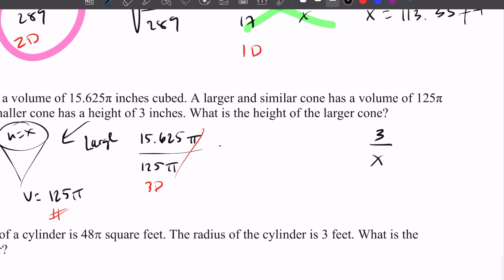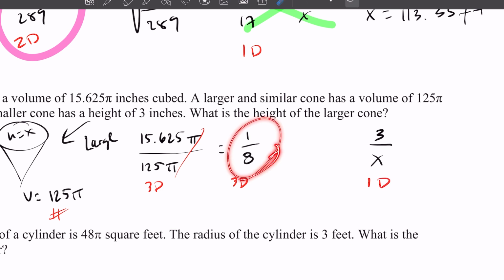Okay, so that's 1 over 8. And just because I simplified this ratio, it is still three-dimensional. So if I were to compare this to this, they would not be proportional because one ratio is three-dimensional and the other ratio is one-dimensional.